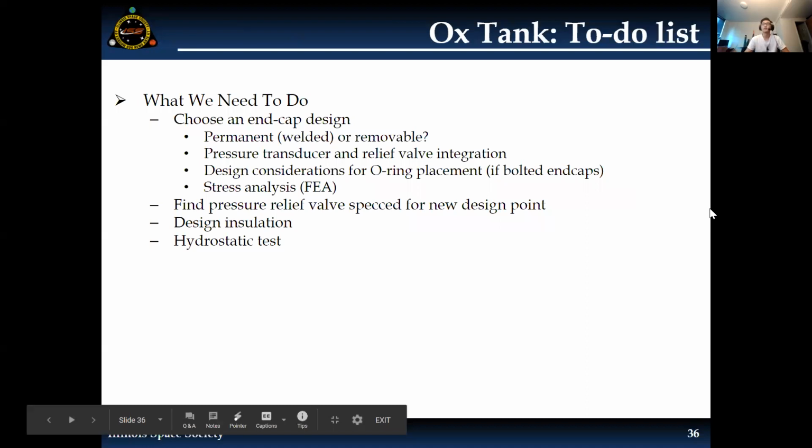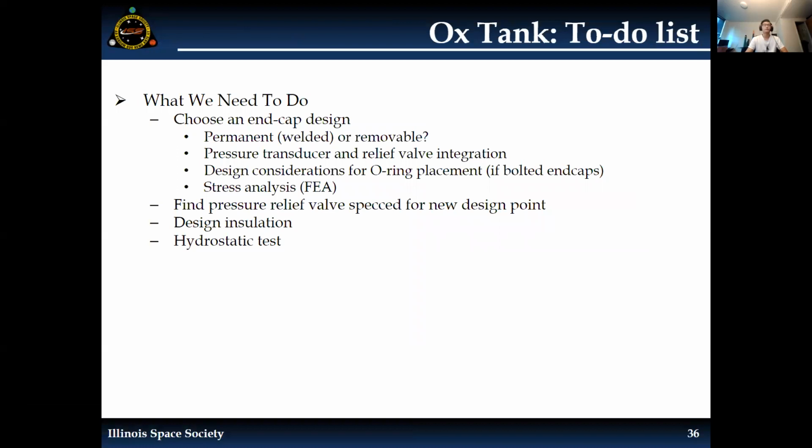Okay, the last slide. Here's just a quick summary of what we have left to do in order to manufacture the oxidizer tank. So the main focus will probably be choosing an end cap design. As I mentioned previously, if we want a permanent welded design or a removable bolted design.